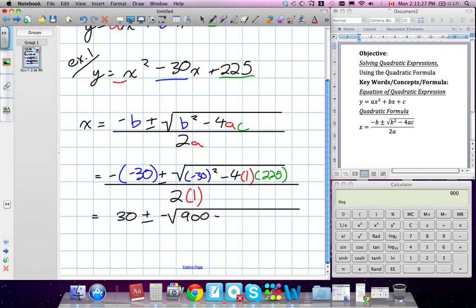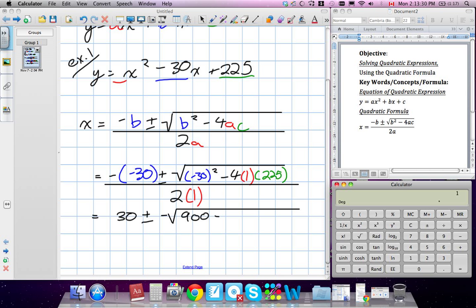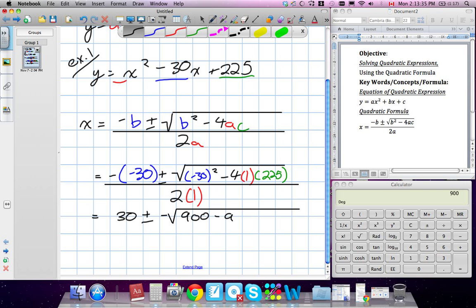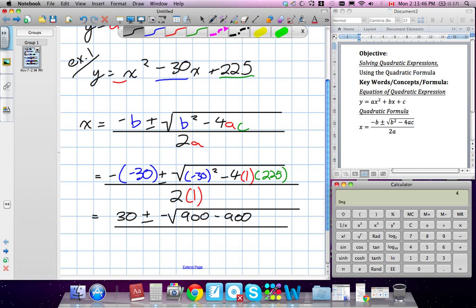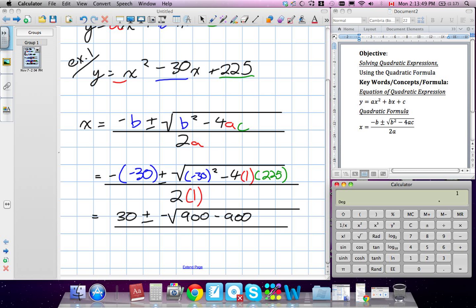Oh, we got a special case here. It's negative 4 times 1 times 225. So let's show that again. Negative 4 times positive 1 times 225, negative 900. Okay? And finally, 2 times 1 is the number 2.